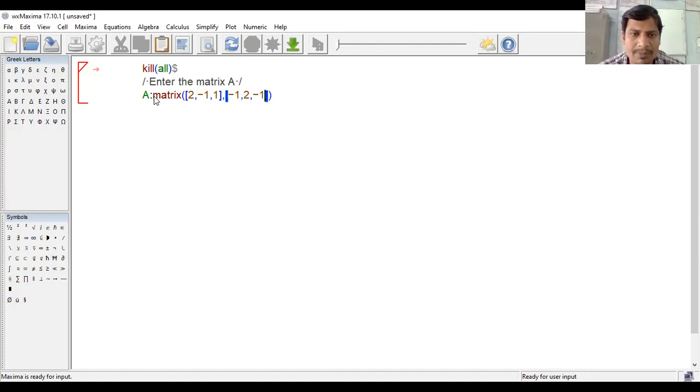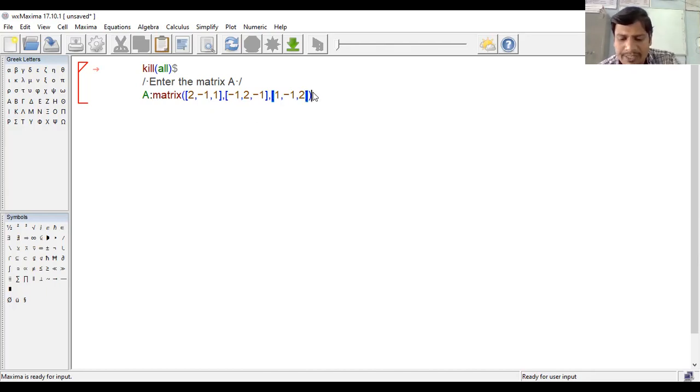Minus 1 comma 2 comma minus 1. That is the first row complete, second row complete. Then the third row: first you take the square bracket, then the third row elements are 1 comma minus 1 comma 2.